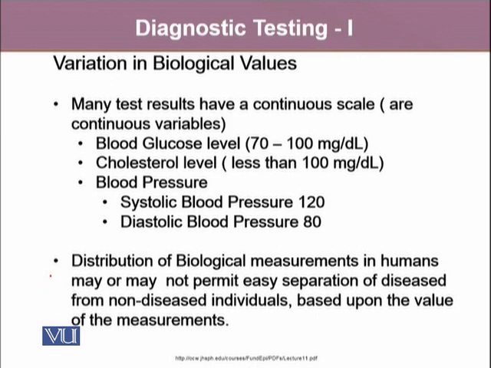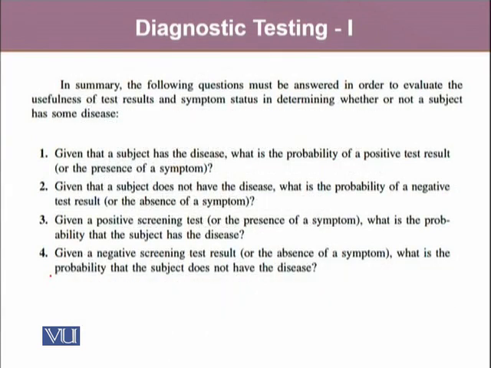And similarly, for blood pressure, the normal range for systolic blood pressure is 120, and for diastolic blood pressure it is 80. So the distribution of these biological measures in humans may or may not permit easy separation of a person having a disease from one not having a disease, especially based upon the value of the measurement we make.